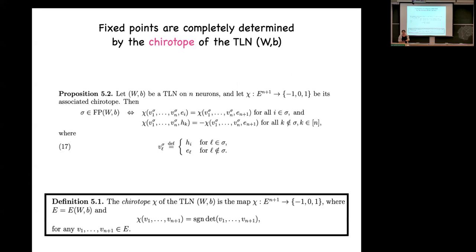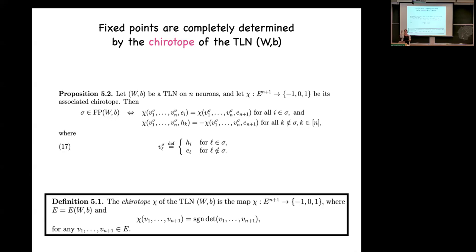To make a long story short, we're able to take the vectors defining the hyperplane arrangement, turn it into a chirotope, and immediately start getting mileage in terms of the dynamics of the network. So observation number 1, this is a proposition, is that the chirotope completely encodes the collection of fixed points.